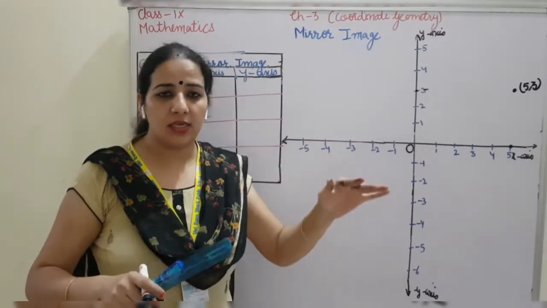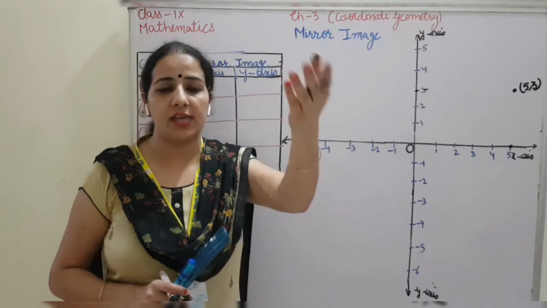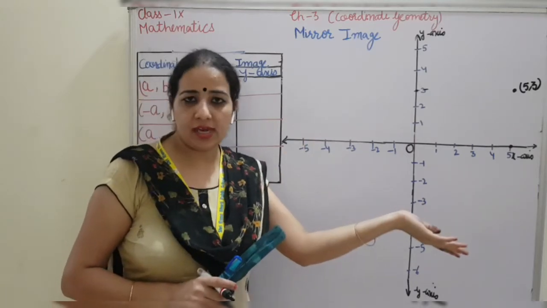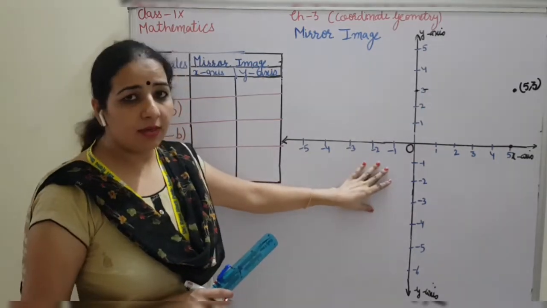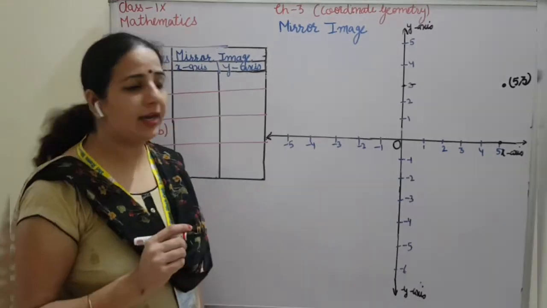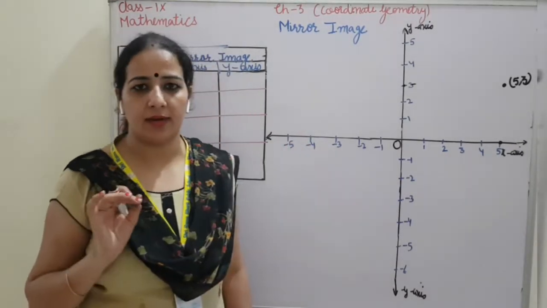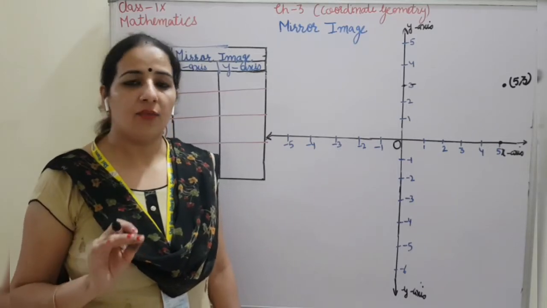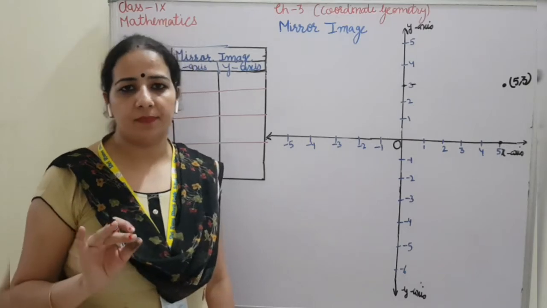Because if we have a room, we should know whether the mirror is on the front side, or on the left-hand side of the wall, or the right-hand side. So we have to be very clear about which axis the mirror image is regarding. So 5,3 regarding the x-axis: you have to take the x-axis as a mirror, then it will be very easy.